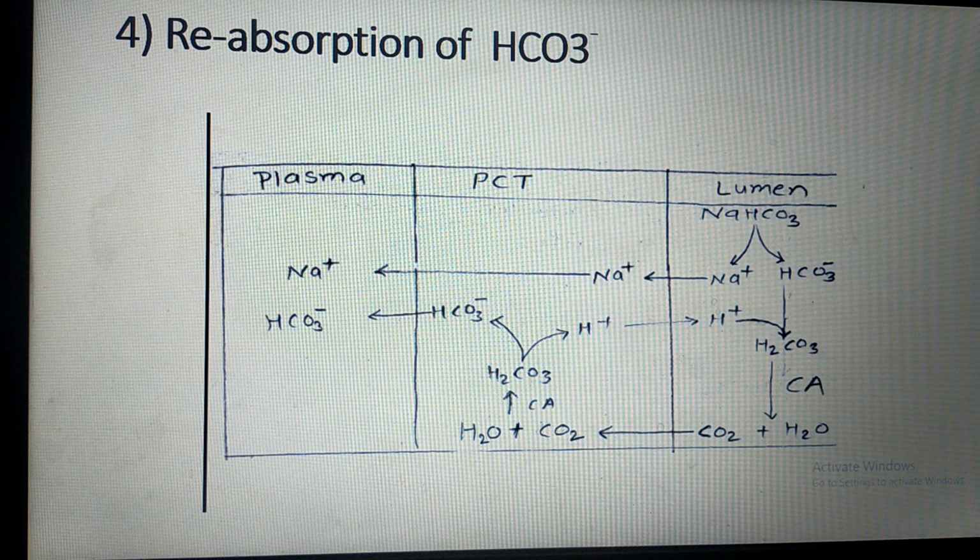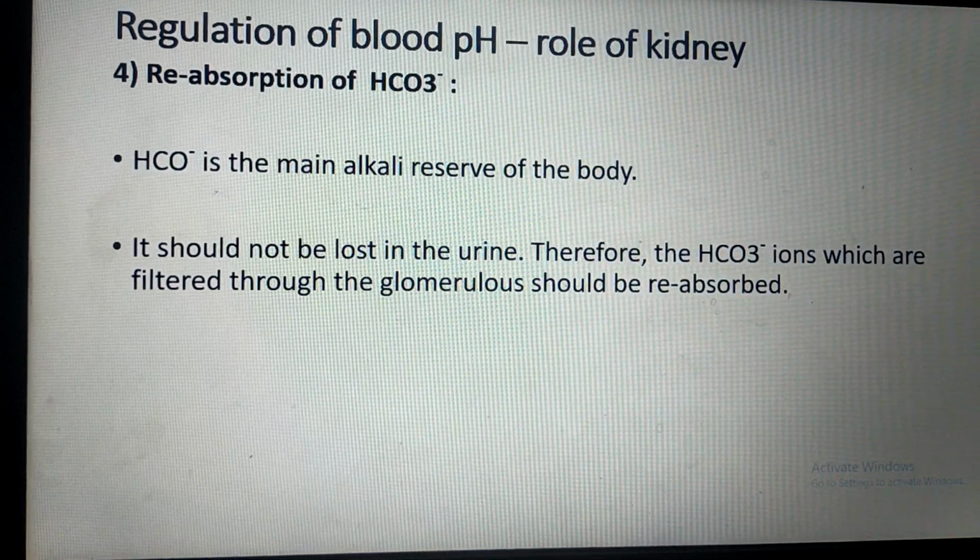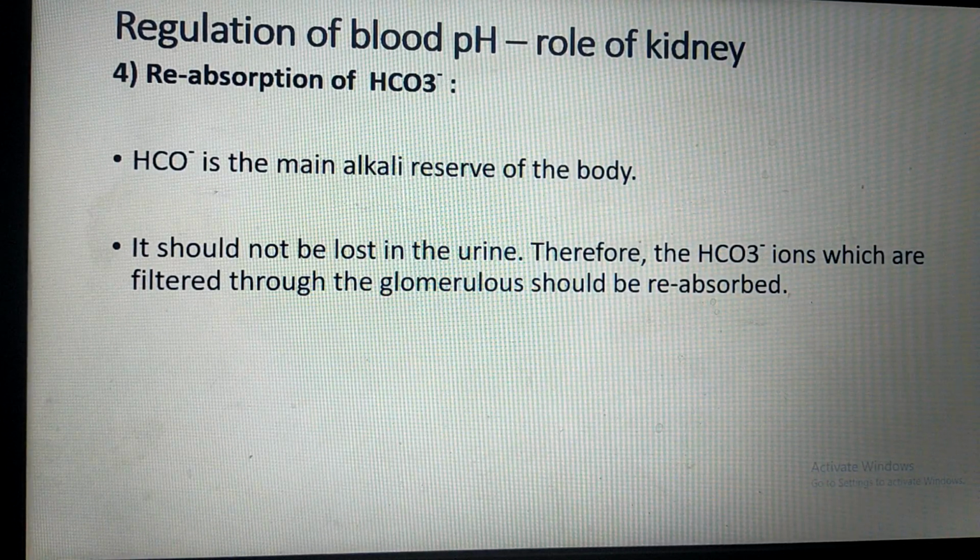At the same time, the sodium bicarbonate which is excreted into the lumen is absorbed in this manner, in this circulation. So this mechanism is called reabsorption of bicarbonate ions. So this is written here, the bicarbonate ions which are filtered through the glomerulus should be reabsorbed.